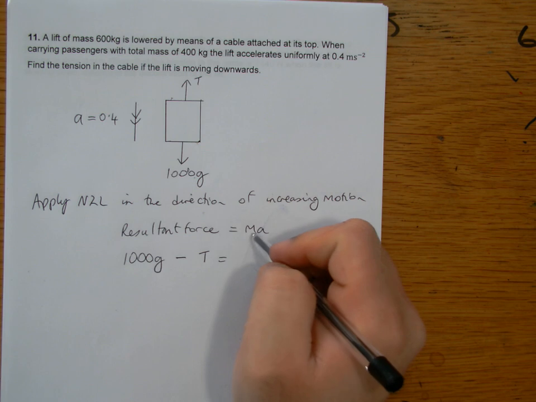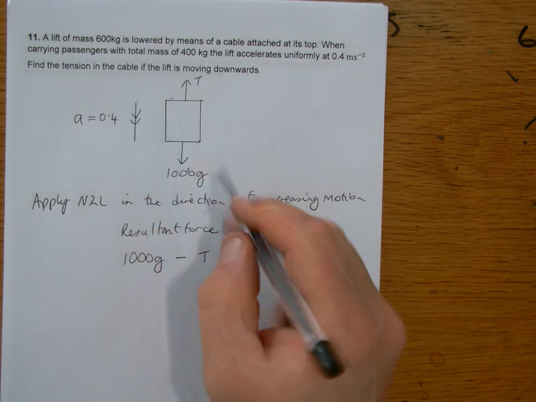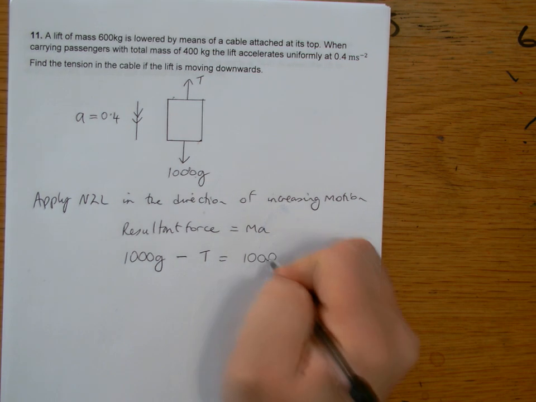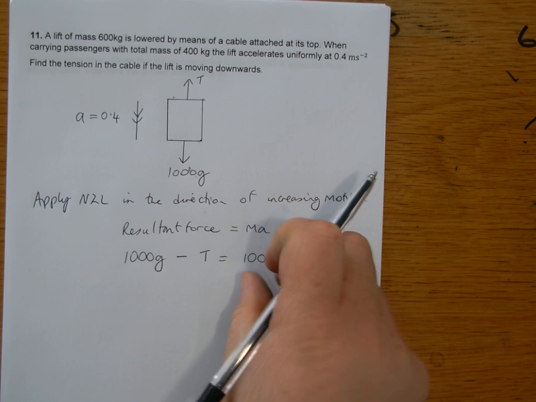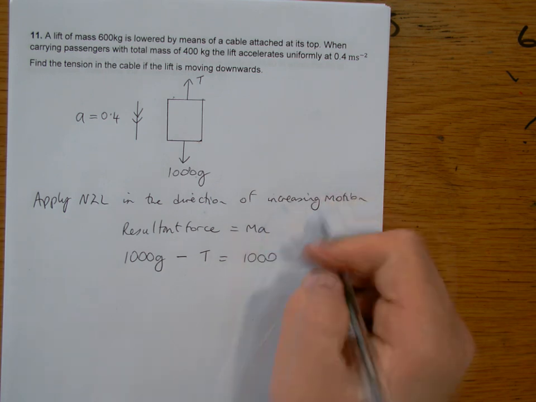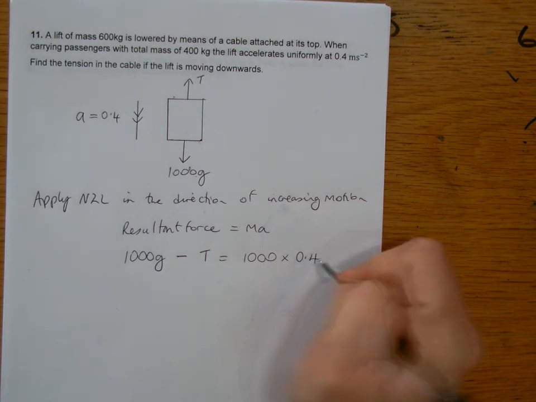So the mass of the overall system includes the lift and the people, so that's just 1,000 kilograms. Do not put 1,000 g, because it's just the mass, so we want the kilogram mass, which will be 1,000, times a, and a we know is 0.4.